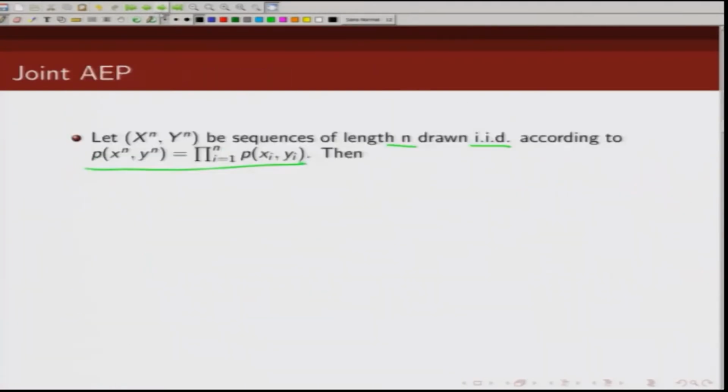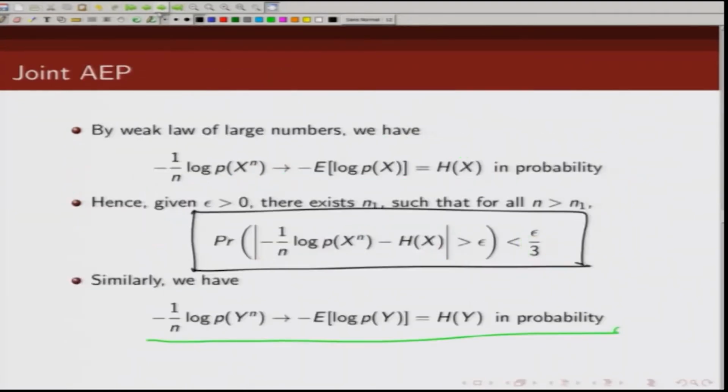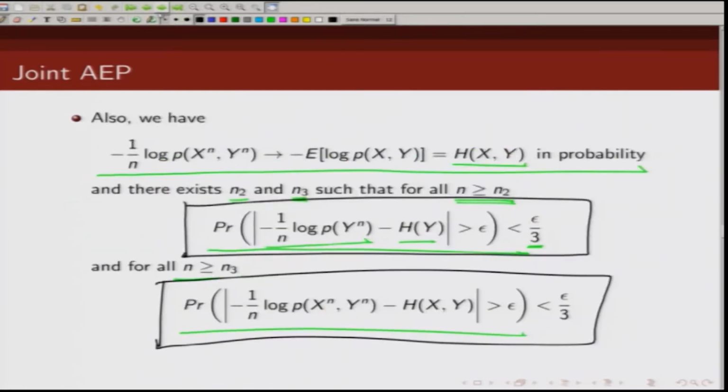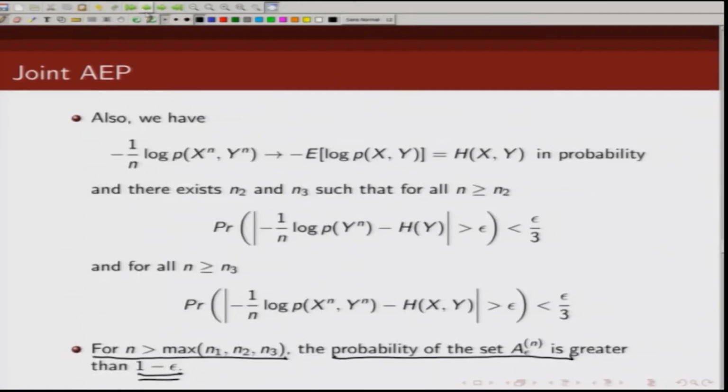So what we have shown right now is that the probability that x^n and y^n belongs to the joint typical set, which is satisfying these three conditions, happens for n greater than the maximum of n1, n2, n3.